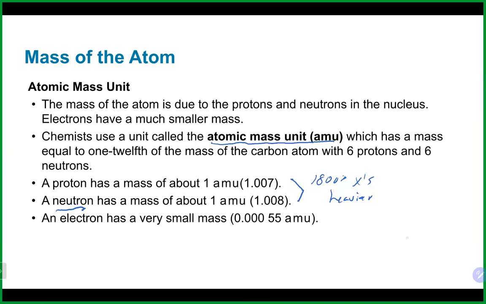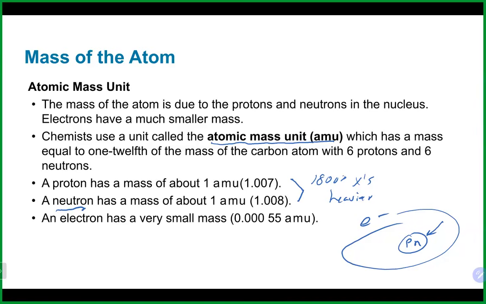So if you think about the atom where protons and neutrons are in the nucleus and our electron is flying around, it makes sense that the nucleus is most of the mass of the atom, because inside there you have particles that are 1,800 times heavier than any electron flying around. So that also validates the idea of Rutherford, that most of the mass of the atom is the nucleus and not the electrons.